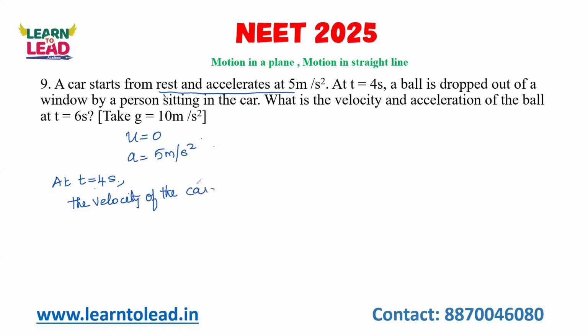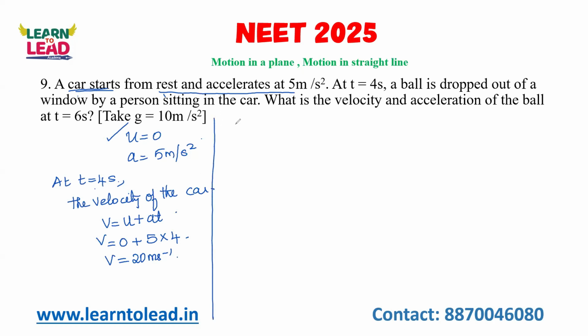To find it, you can use the formula v is equal to u plus at. As the car starts from rest, the initial velocity is 0. So v is equal to 0 plus acceleration 5 into 4. So final velocity is 20 meters per second.